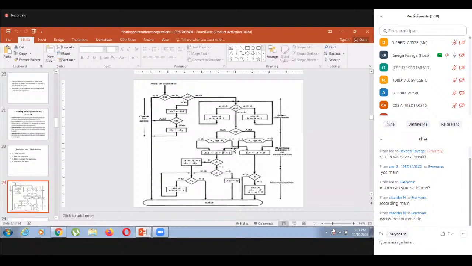So this is the flow chart for representing the addition or subtraction. In this add or subtract, if the BR register value is 0, the result will be the AC.